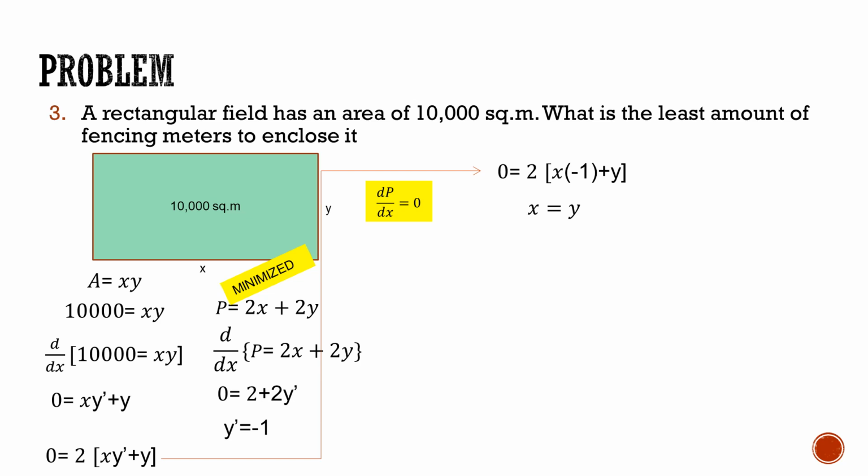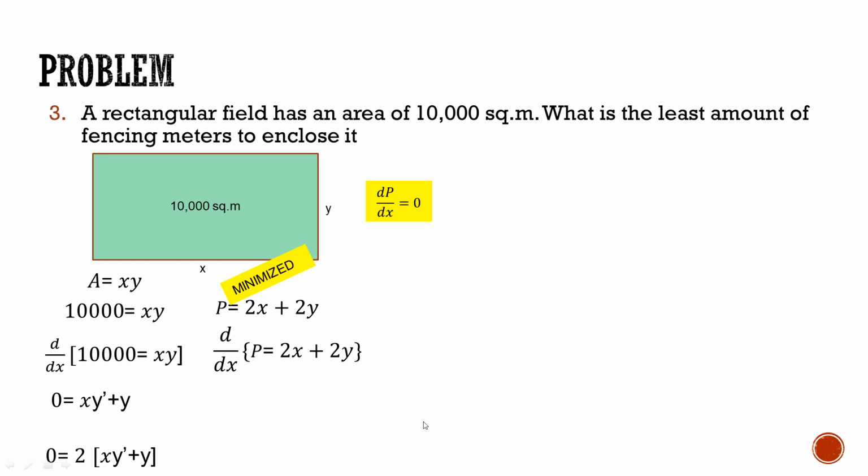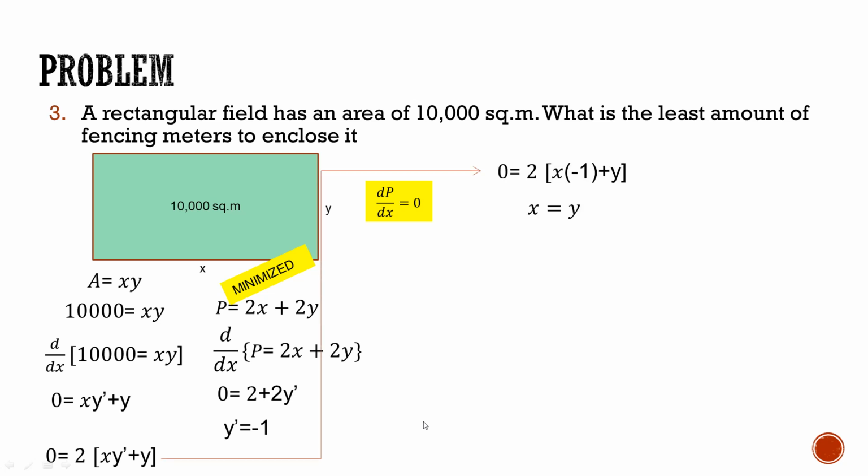By the way, just neglect 2 here, in this equation, this second one, neglect 2 there. Okay? Anyway, it will just be cancelled. It will be removed anyway. And then we come up with x is equal to y.